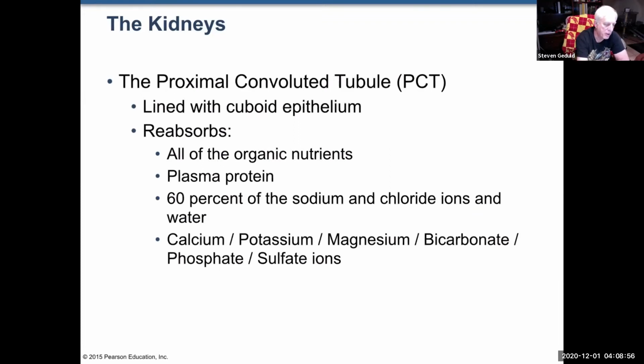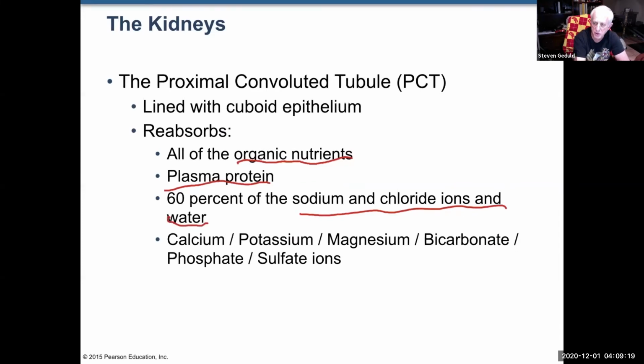Okay, so the first part is your proximal convoluted tubule that's lined with cuboidal epithelium, and it reabsorbs all your organic nutrients, reabsorbs all your plasma proteins. 60% of sodium chloride and water is reabsorbed. Salt and water go together.